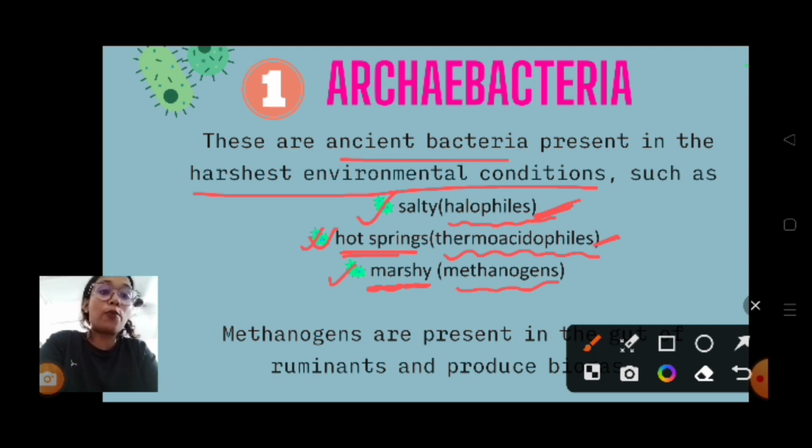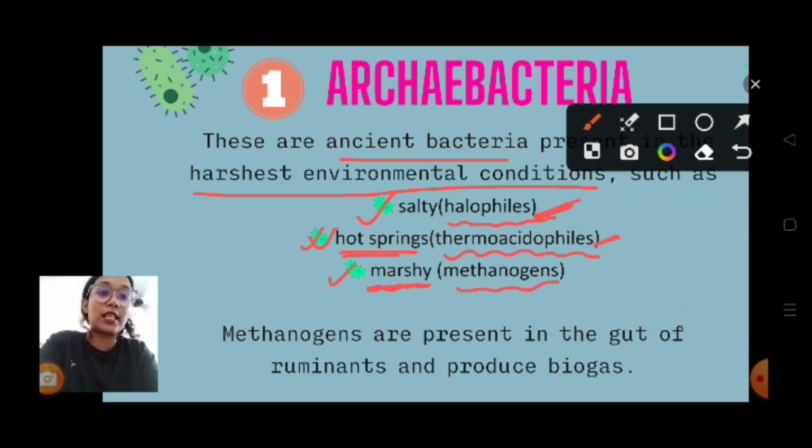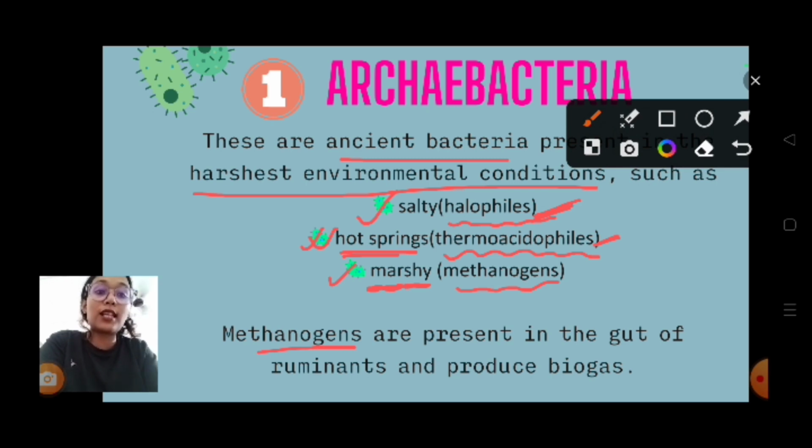One more property of methanogens is that they are present in the gut region of ruminants. Can you tell me examples of ruminants? Cow, buffalo and all. And they produce biogas.